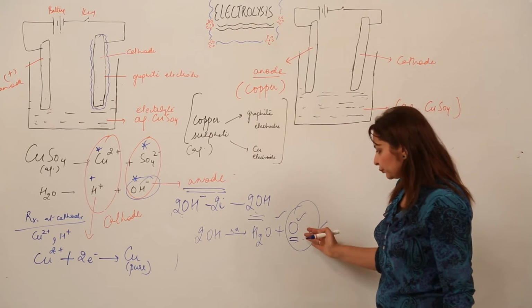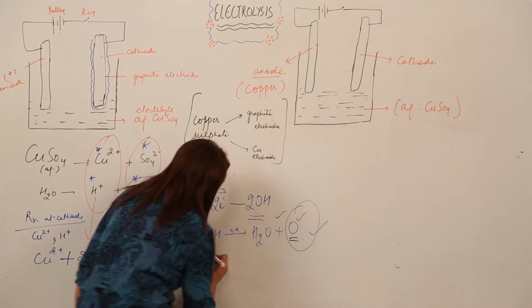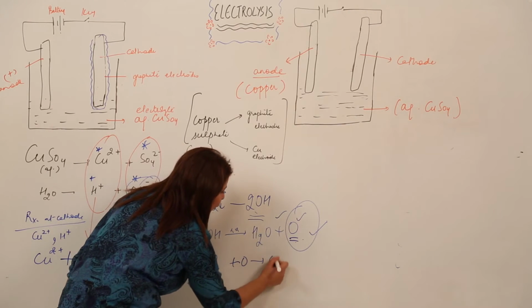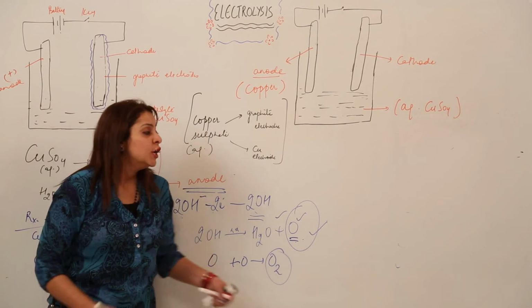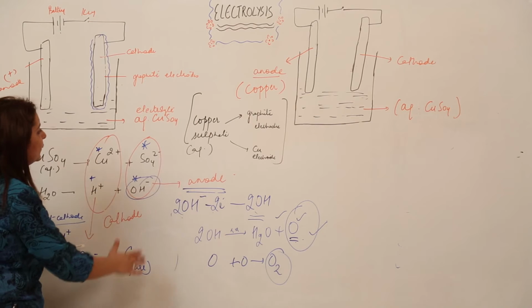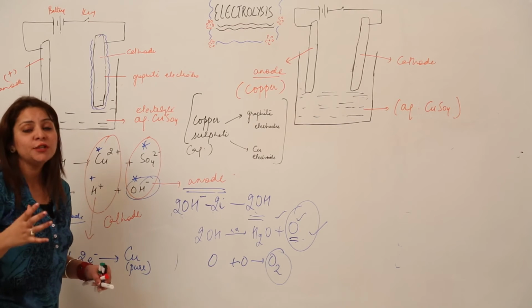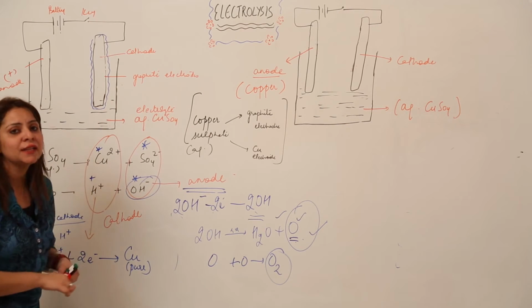Now this oxygen atom cannot exist independently, as we know it is a diatomic molecule, so 2 atomic oxygen will combine to form O2. So this is how the electrolysis of aqueous CuSO4 takes place with graphite electrodes.